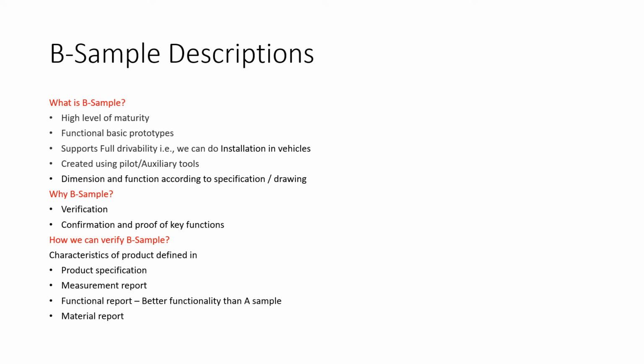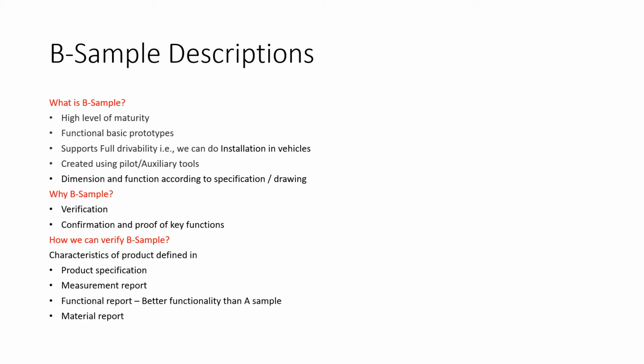So what is B sample? B sample is a little more mature when compared to A sample. It offers basic functions, and you can install this particular product in your test vehicle and test it. It supports continuous testing as well.